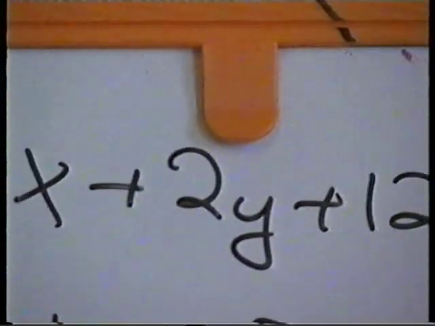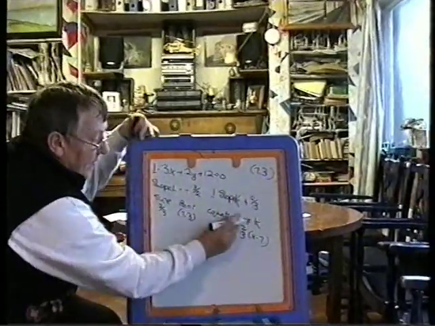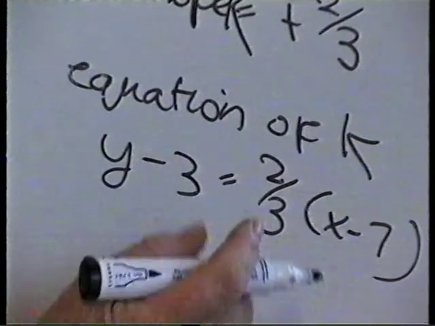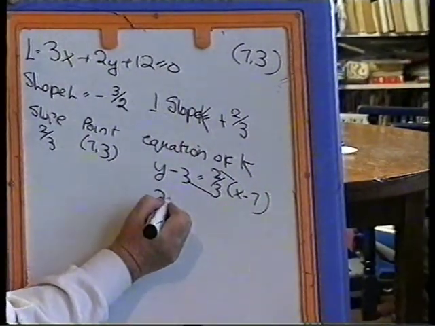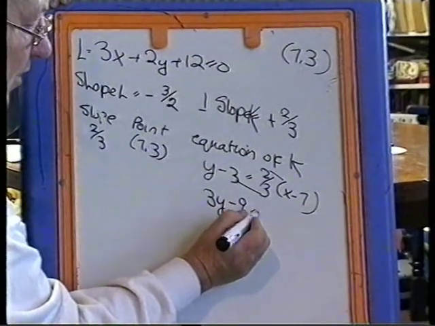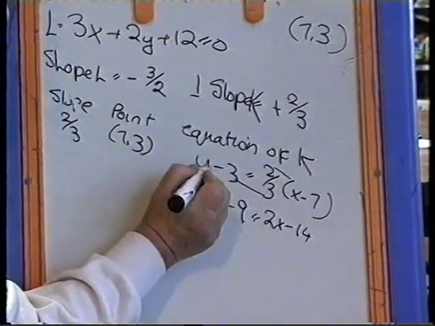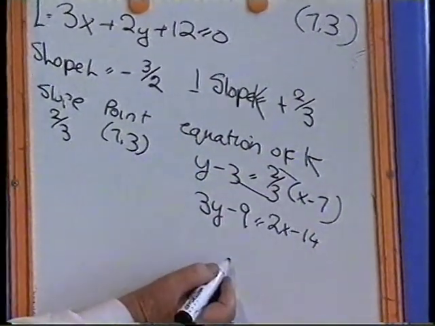But the way they want you to do it algebraically is tidy up this equation. Get rid of that 2/3. They don't like that. They like an x, a y, a number, a naught. So we'll multiply that by 3 and that by 2. That will give me 3y minus 9 equal to 2x minus 14. I multiply the y minus 3 by 3 and the x minus 7 by 2.